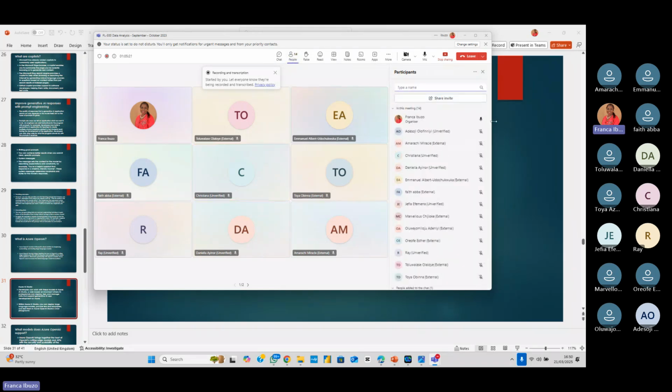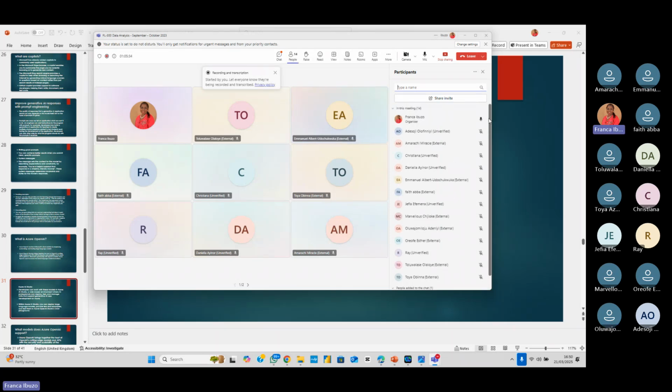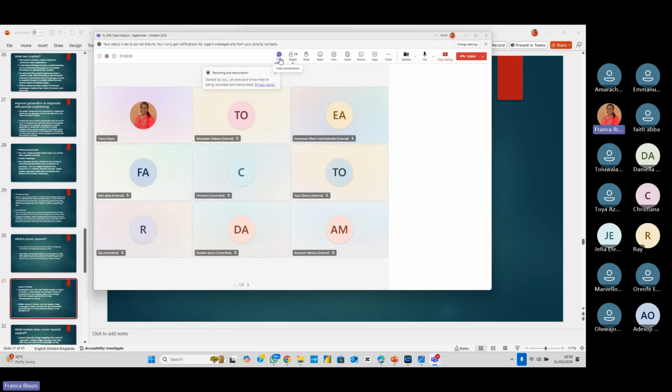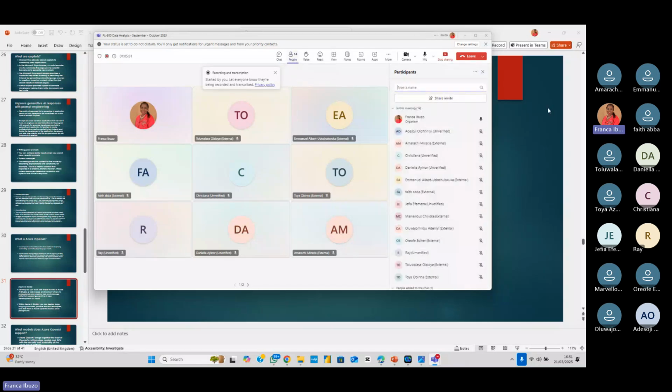Yes, you can unmute your mic and speak. You still have just 13 people in class.